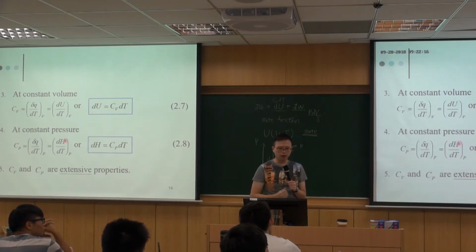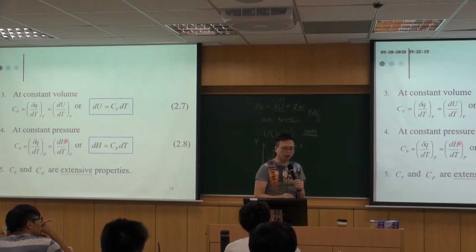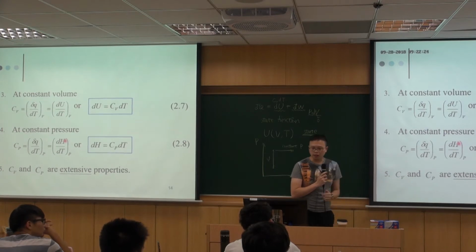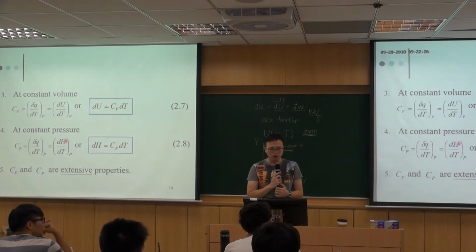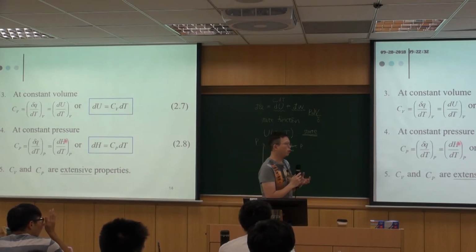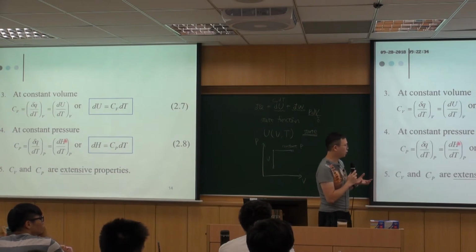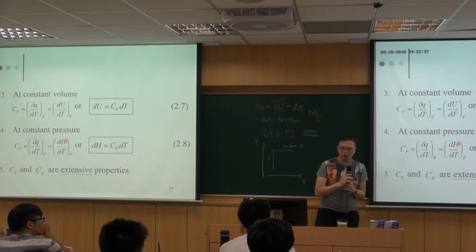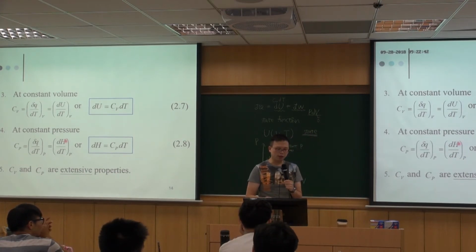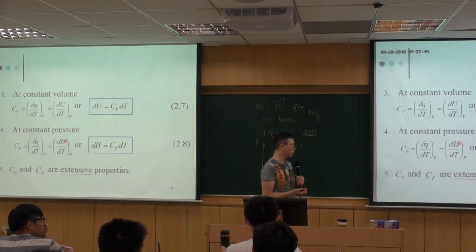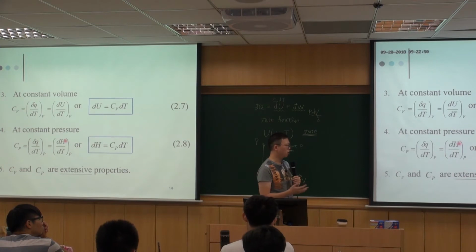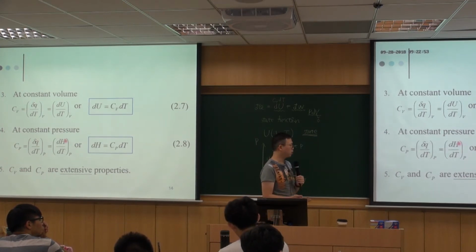So this is pretty straightforward. And another thing that you have to know is Cv and Cp. These two quantities are extensive properties, which means that they depend on the size of your system. If you have a larger size of your system, then Cv and Cp will be larger. And if you have more mass, it's a more massive system, then Cv and Cp will also be bigger. Because it's a measure to see how much heat the system can absorb and release.